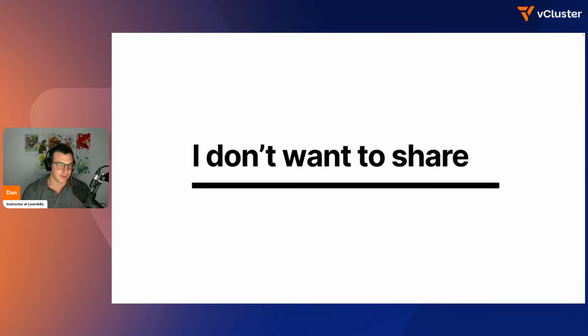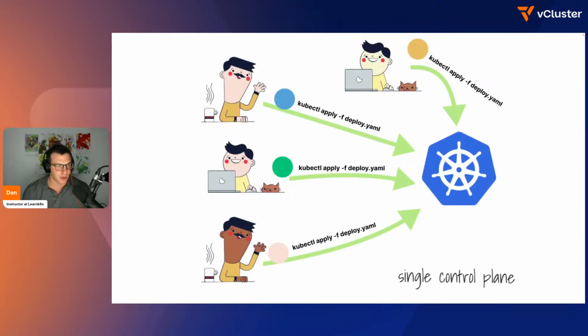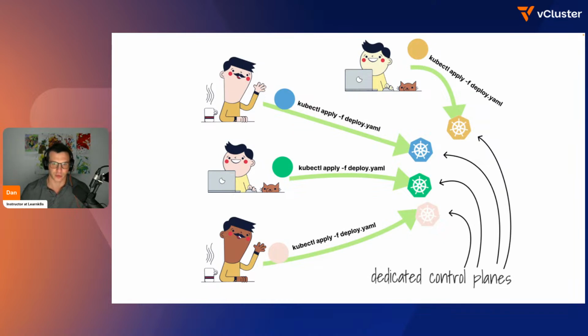So what happens if you have CRDs and you want to isolate them? The problem that we have is that we managed to isolate the API server, but the problem was the database. So how do we actually isolate that database? The idea here is that instead of isolating the database, we just isolate the control plane.